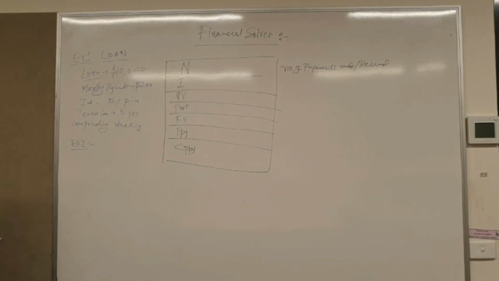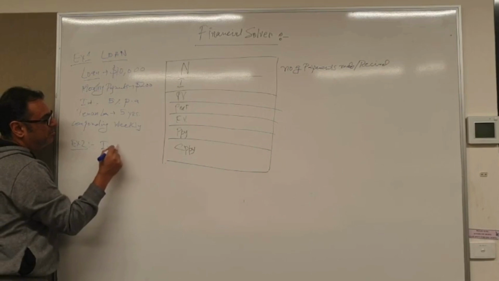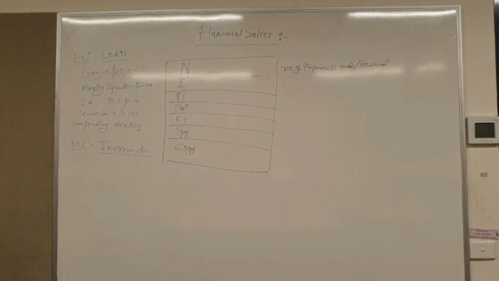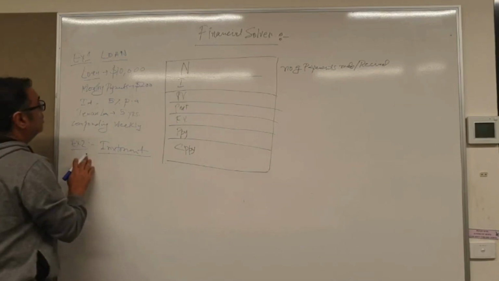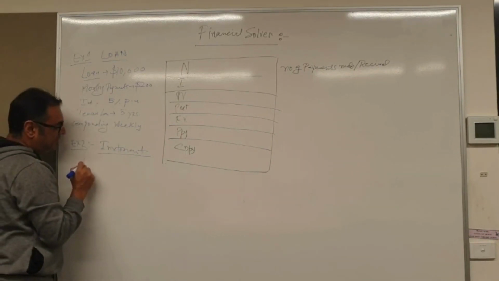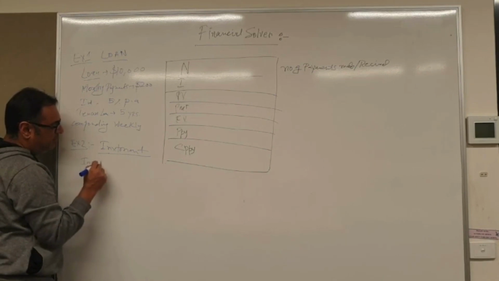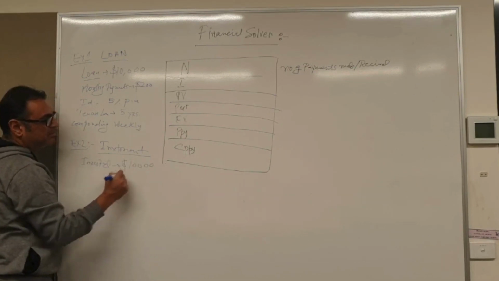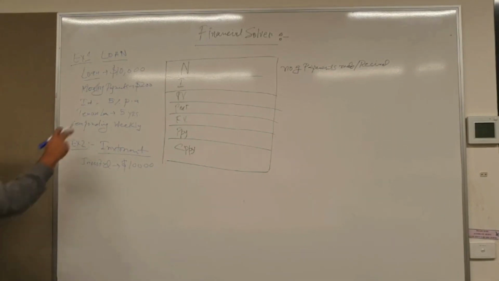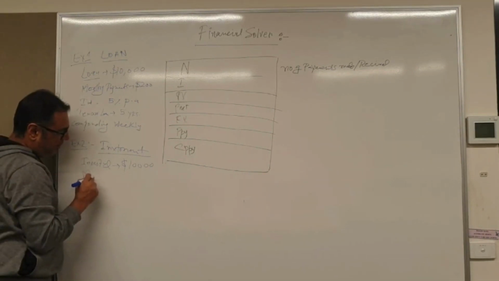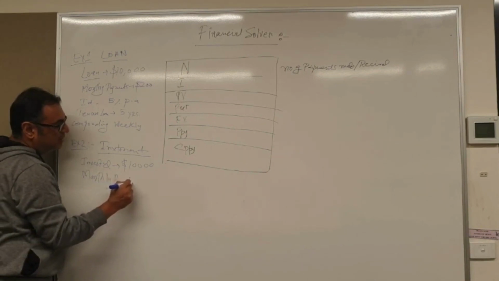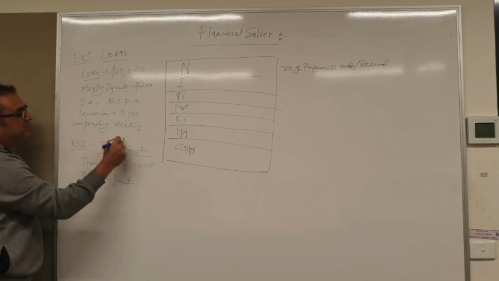The other scenario is an annuity scenario, that's an investment scenario. Apologies for the incorrect English spellings. Let's say someone has invested $10,000. Monthly payments, and this is an annuity investment.